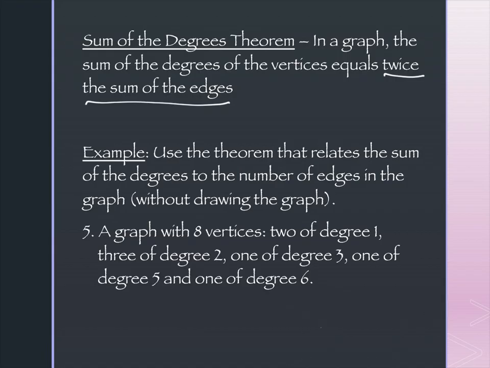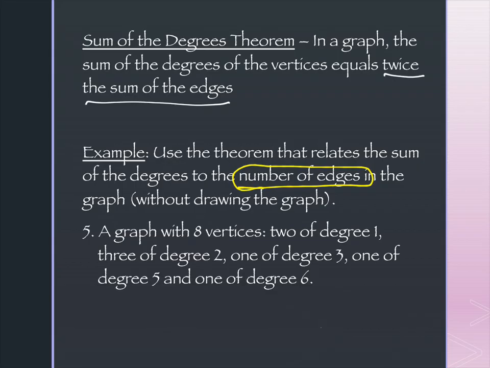The graph has 8 vertices. 2 of the vertices have degree 1, 3 have degree 2, 1 has degree 3, 1 has degree 5, and 1 has degree 6. How can we find the number of edges? This is what we're asked to find. Divide the total degrees by 2.